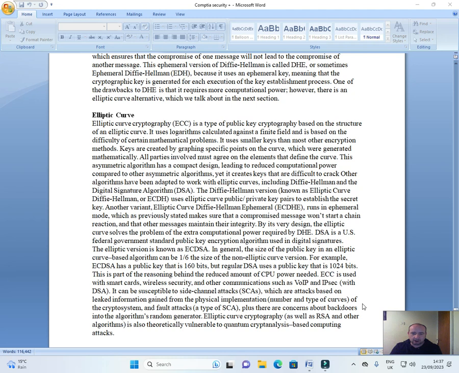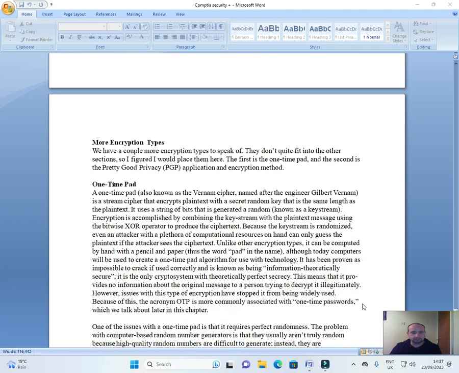Plus, there are concerns about backdoors into the algorithm's random generator. Elliptic curve cryptography, as well as RSA and other algorithms, is also theoretically vulnerable to quantum cryptanalysis based computing attacks.